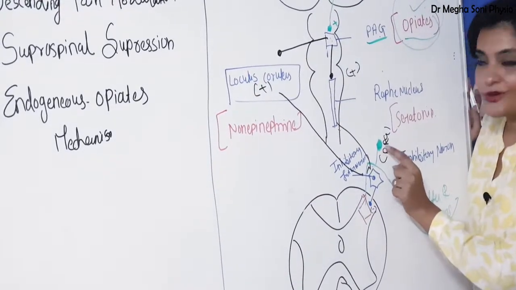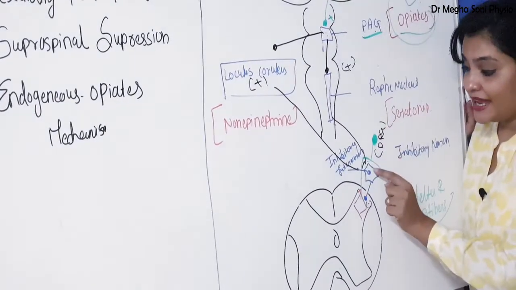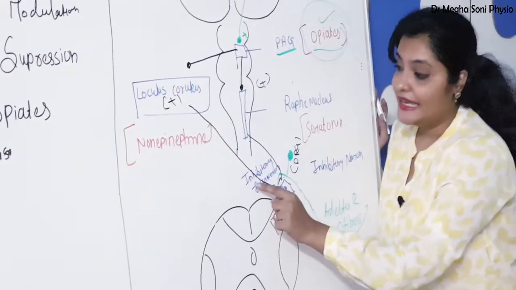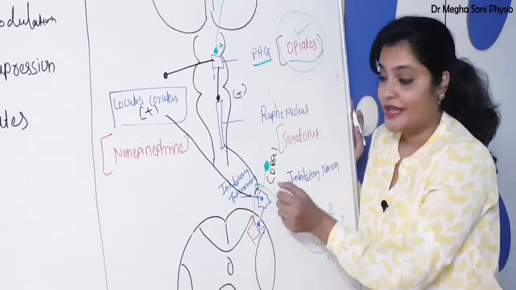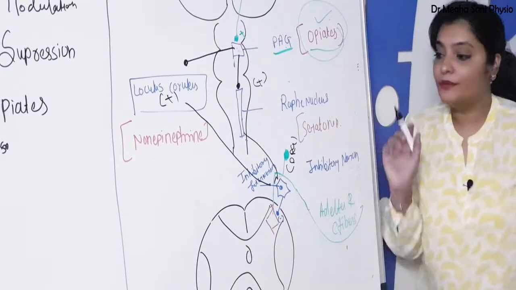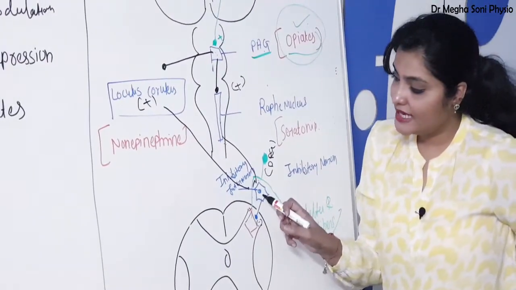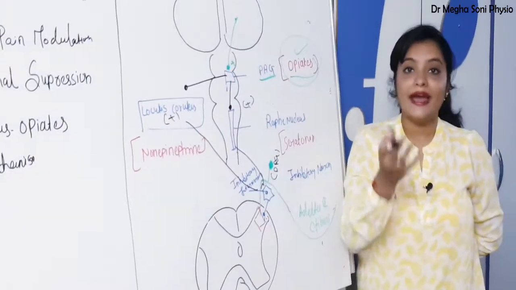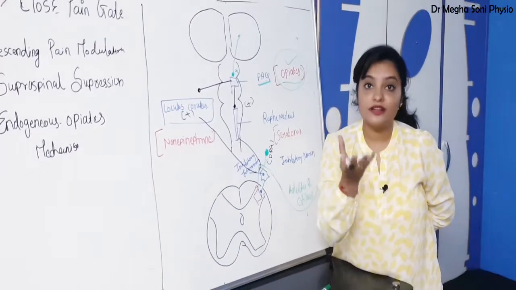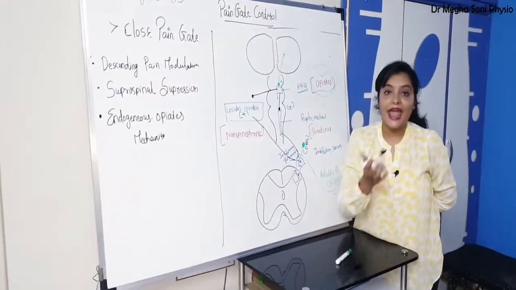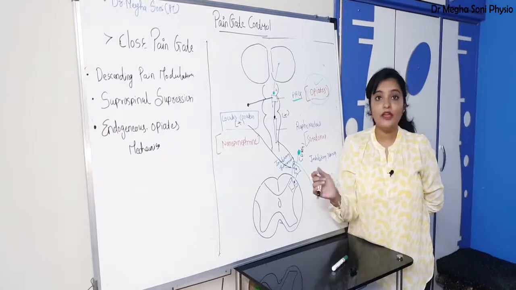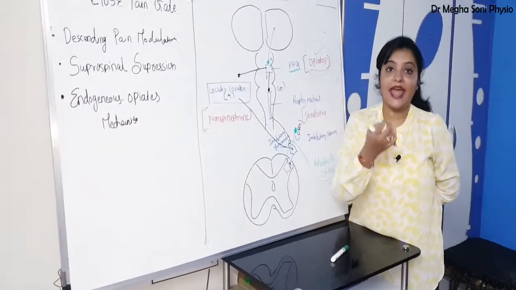Now this dorsal root ganglion makes synapse with the inhibitory interneuron, and this inhibitory interneuron consists of opiates, enkephalin. Okay, endogenous opiates, that is enkephalin.